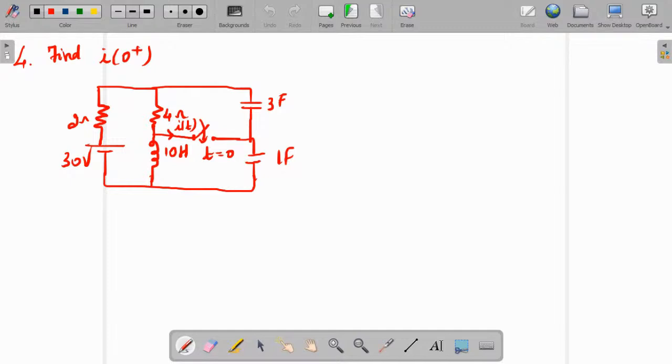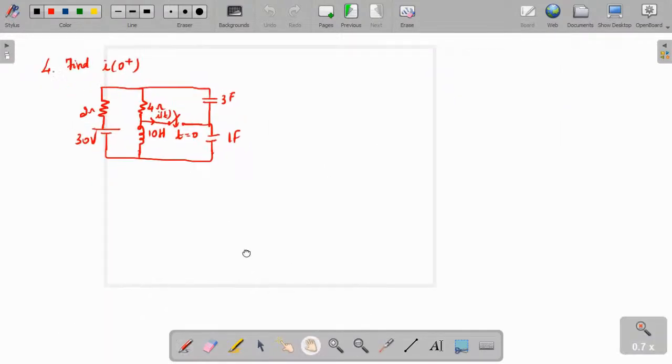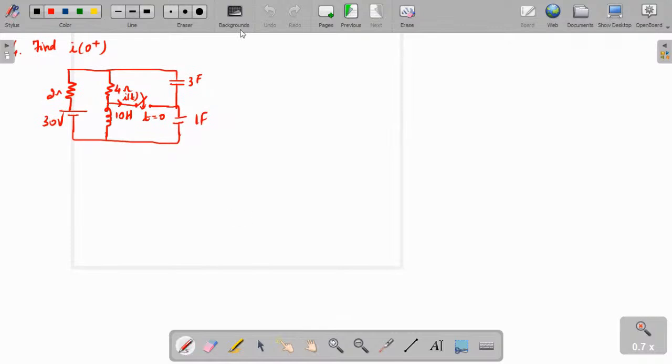Okay, fine. It's a simple question, we can solve it, no problem. Just try it. If you can't do it, it is not an issue, it's not a big deal. As you practice more questions, it will become easier. So find I of 0 plus.